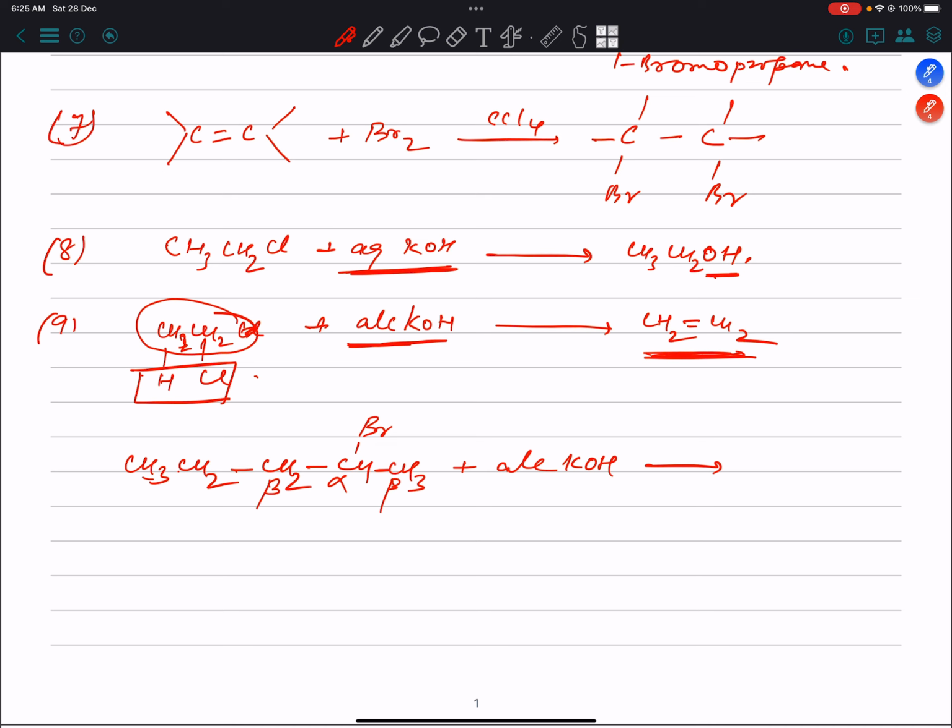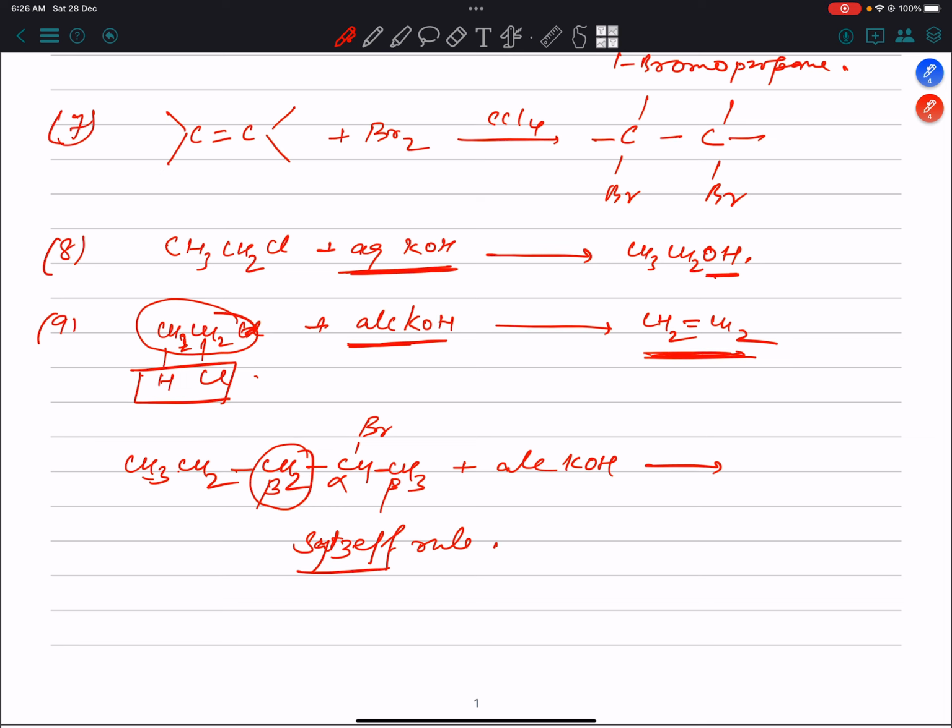Now hydrogen is removed from the beta carbon. So there is a possibility to remove hydrogen from CH2 or CH3. Now according to Saytzeff rule, the removal of hydrogen takes place from this hydrogen.